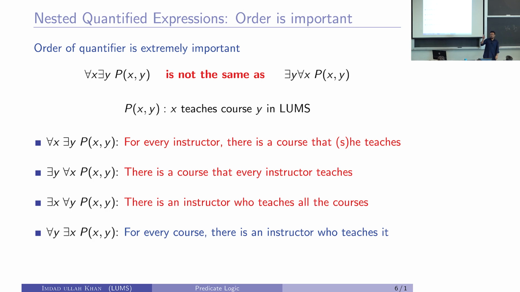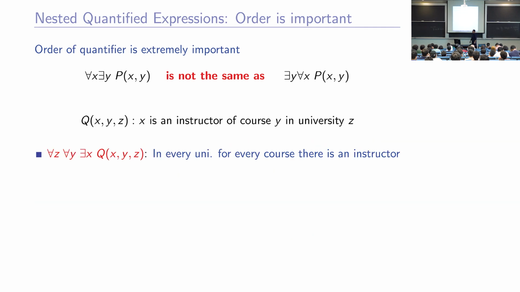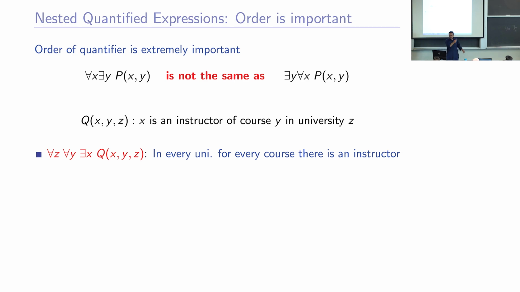There are these four possibilities of different quantifiers in different order, and different variables differently quantified make the statement very different, okay? You have to be very, very careful. You need a lot of practice with this. Okay, so here is another one.